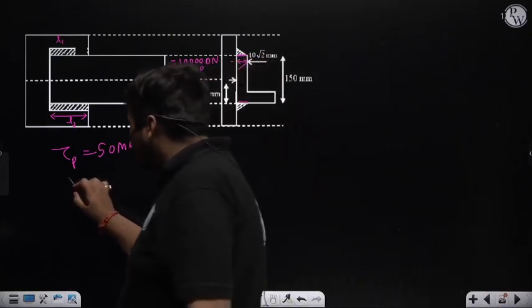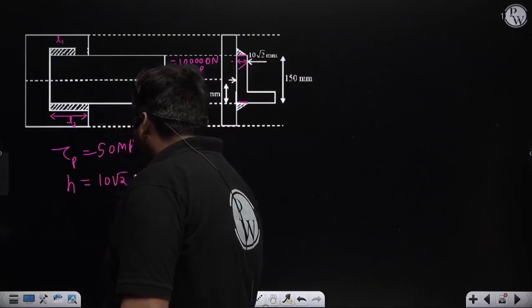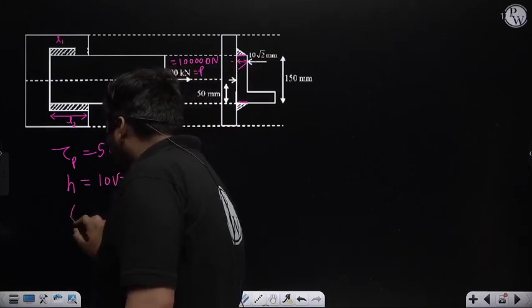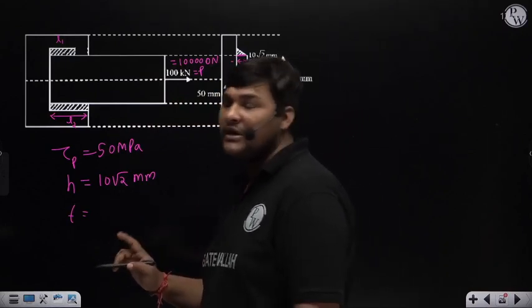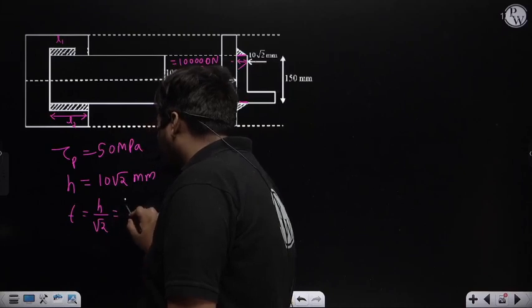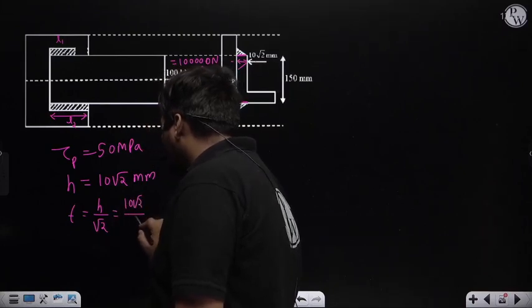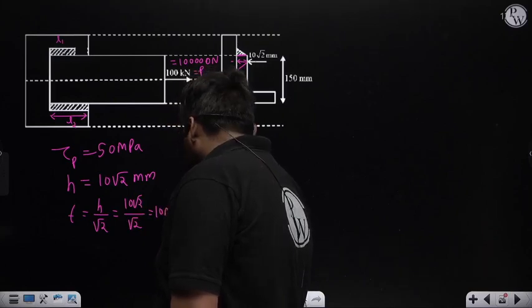So the leg of the weld H is 10 root 2 mm. If the leg is given, you can calculate the throat, because in a welded joint during stress analysis the throat dimension is important. Throat is H by root 2, that is 10 root 2 divided by root 2, so the value of throat is exactly 10 mm.